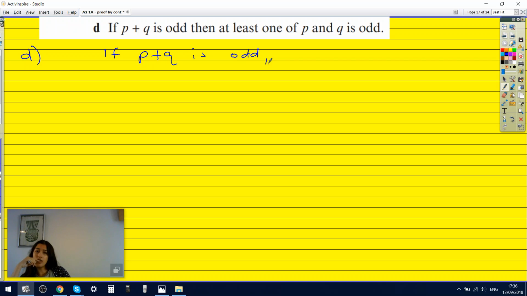Wait. I don't think so. If P plus Q is odd, then at least one of P and Q is odd, so the opposite of that is both P and Q are even? Correct. Then both P and Q are even.